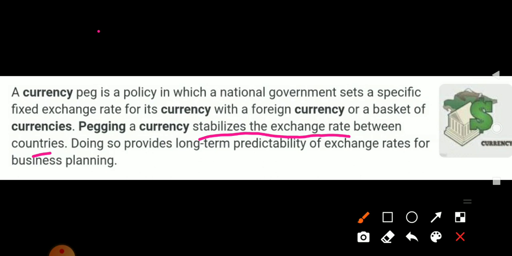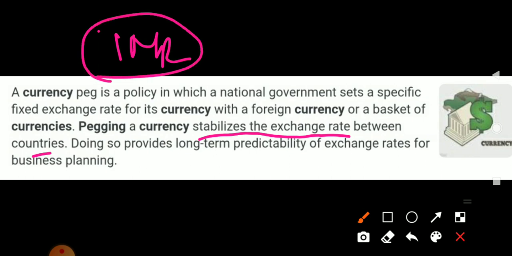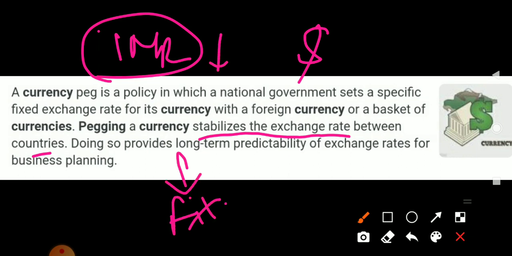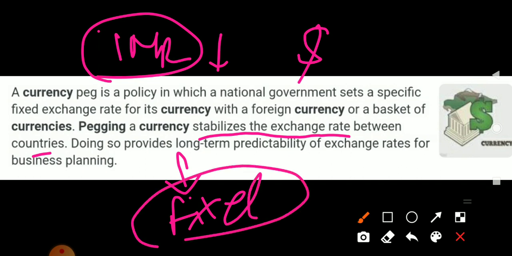Like if the Indian government is pegging the rupee currency, INR, then the variation of rupee with respect to the dollar or any other country will be very low, and the exchange rate will be a fixed one, right? The main important motto is a fixed rate, and it also stabilizes the exchange rate variation.